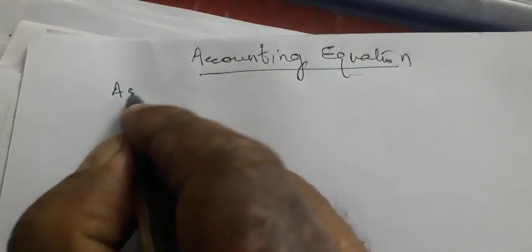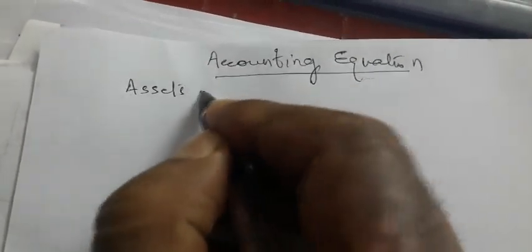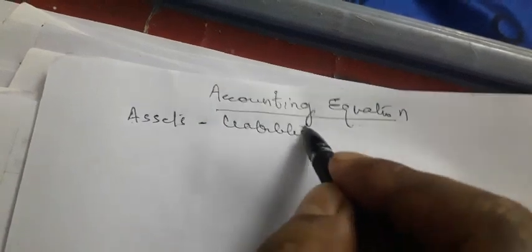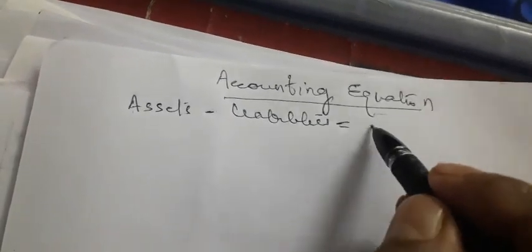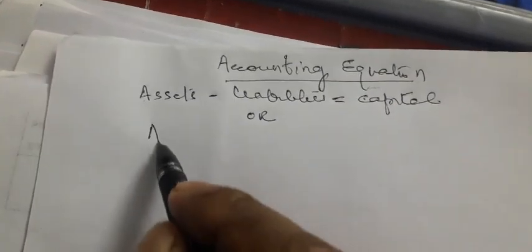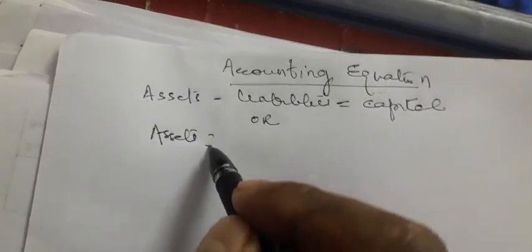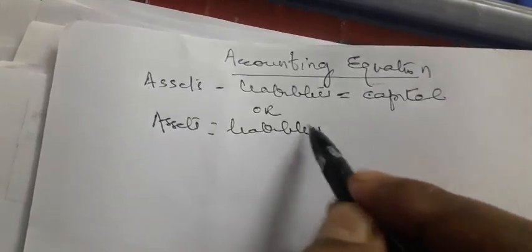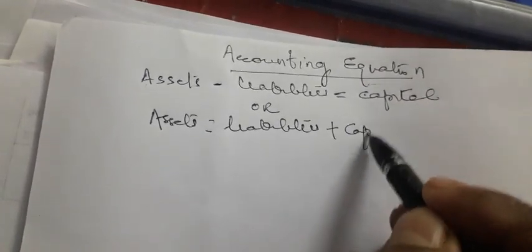So the basic accounting equation is assets minus liabilities is equal to capital, or it can be written as assets is equal to liabilities plus capital.